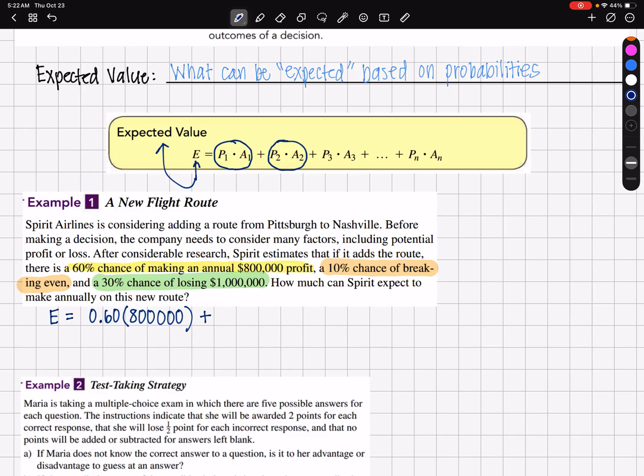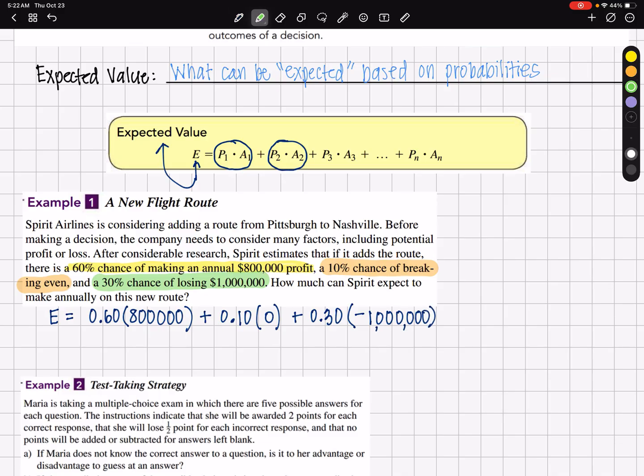Then there's a 10% chance of breaking even, and breaking even means that you don't have a profit or a loss. So that would be 0. Then we're going to have a 30% chance of losing $1 million. So we're going to add that product in, but losing $1 million is multiplying by a negative $1 million.